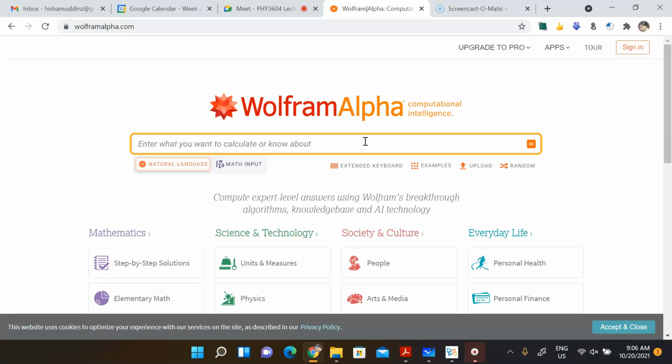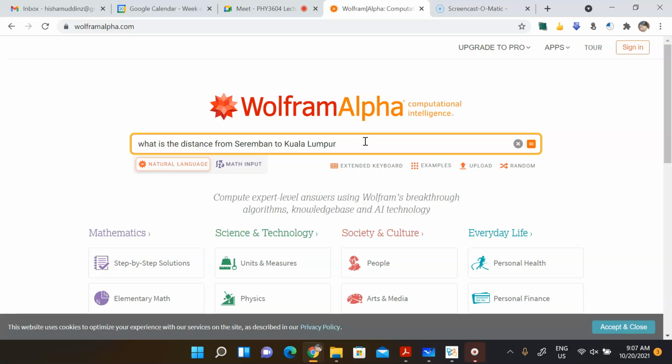For example, I can ask, what is the distance from my home from Seremban to Kuala Lumpur? It's an ordinary sentence. When I submit this, the server will try to interpret it, and to interpret this it requires some kind of artificial intelligence, because you're asking in a language which is not really familiar to the computer.